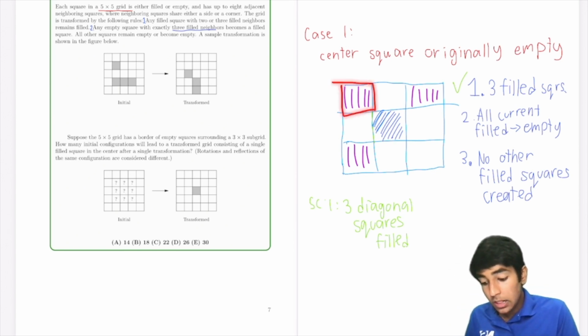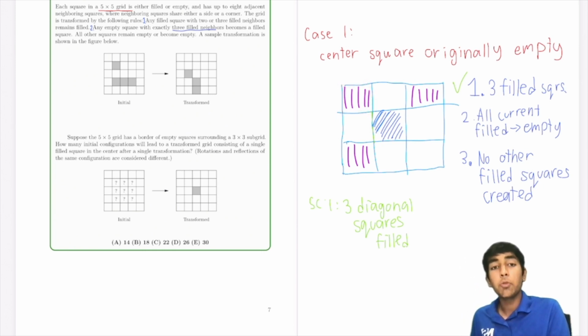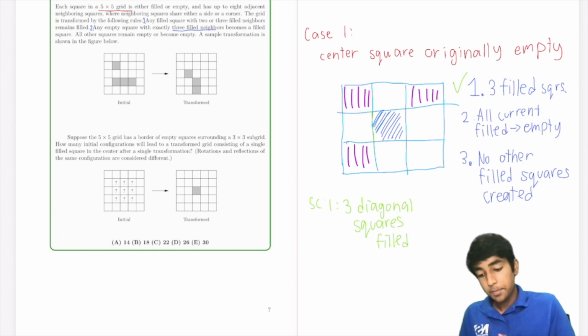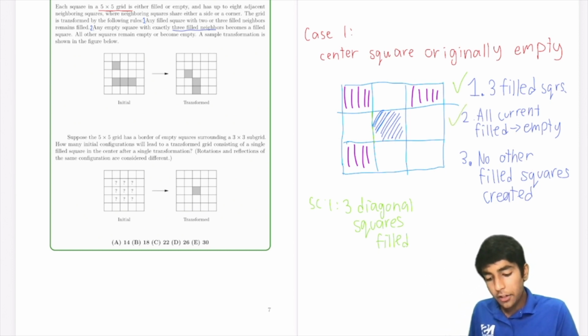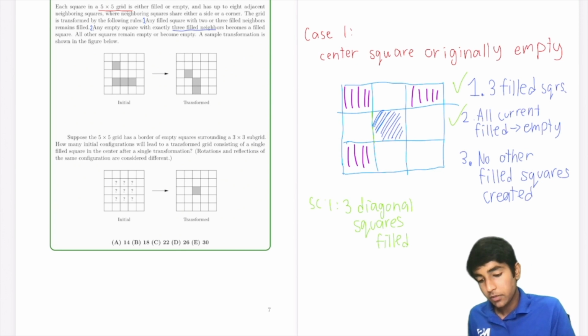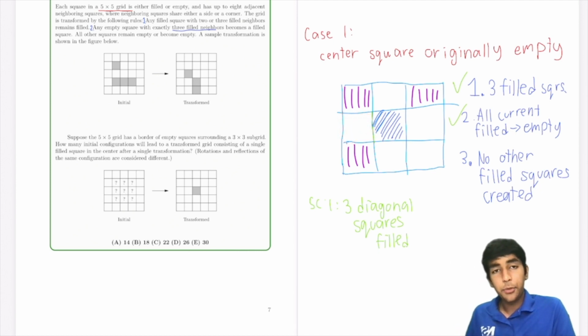So, for example, will this square become empty? Well, the only way a filled square stays filled is if it has 2 or 3 neighbors. And as you can see here, it has 1 neighbor and that's about it. So this condition is satisfied as well. And the third condition, no other filled squares are created. So will this square become filled? Well, for a square to become filled, it must have 3 neighbors.